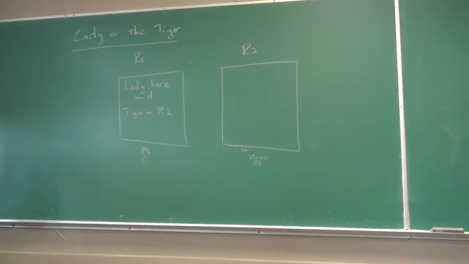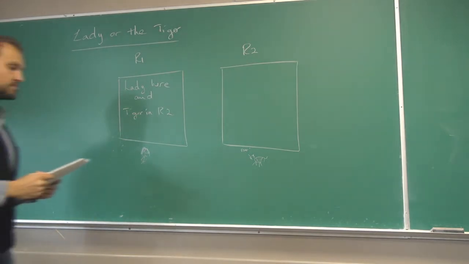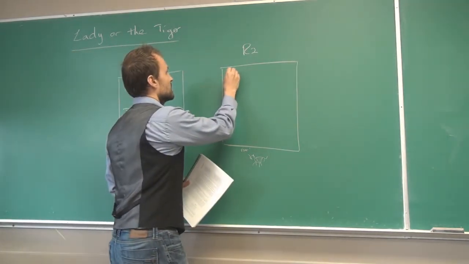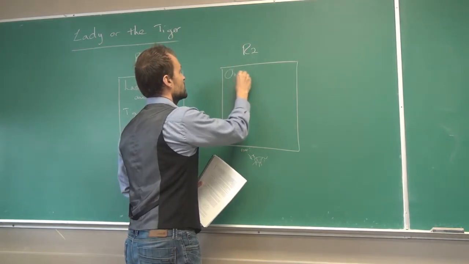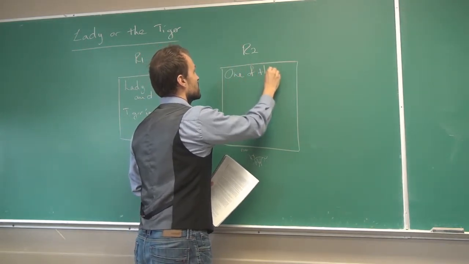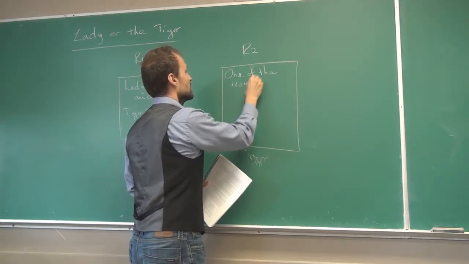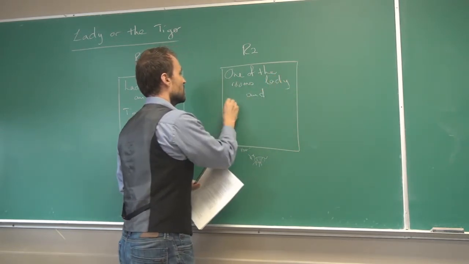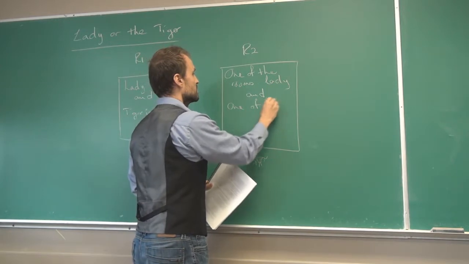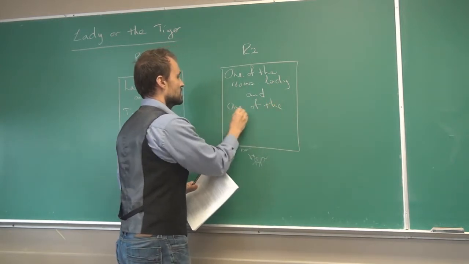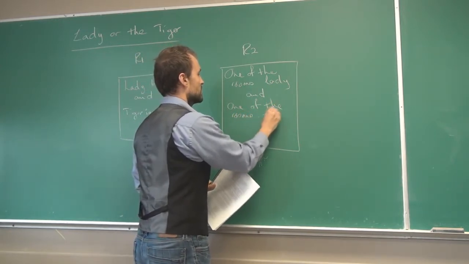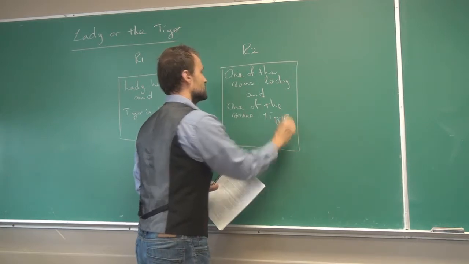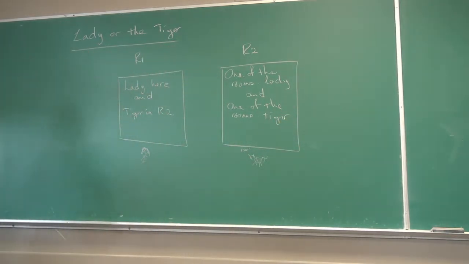And the second sign says in one of these rooms there is a lady, and in one of these rooms there is a tiger. Let's say here one of the rooms, lady, and one of the rooms, tiger.